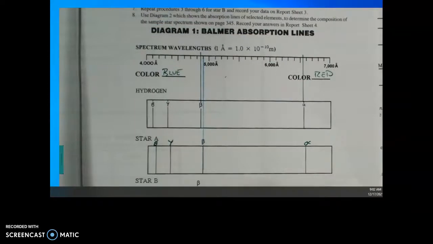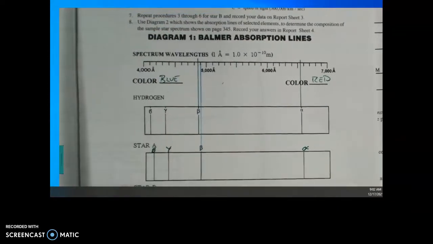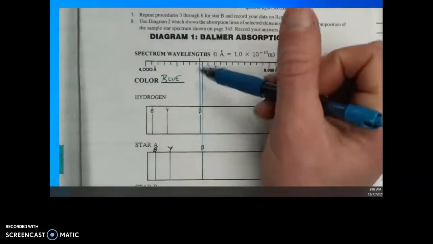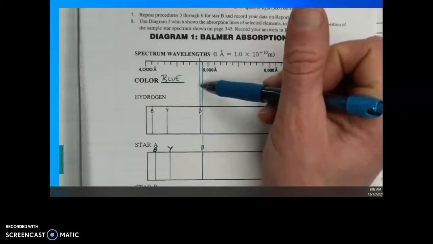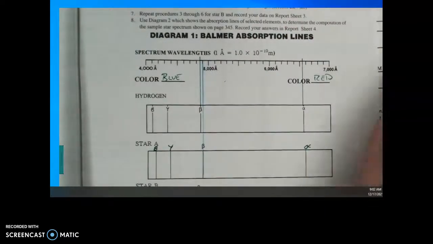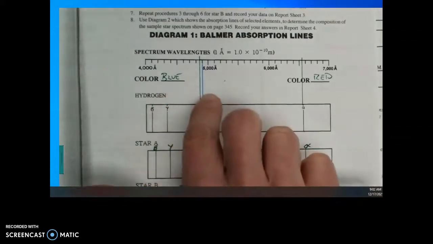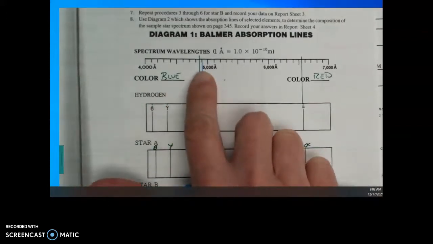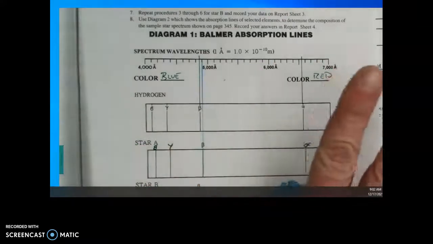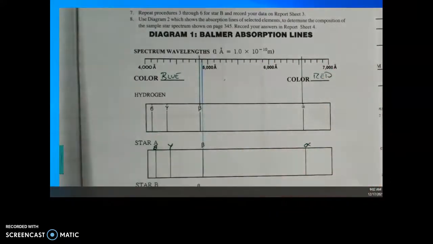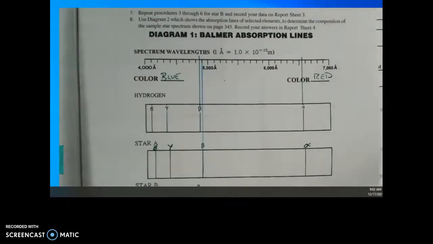And there is a small difference between what we saw in the laboratory line and what we saw in the star. Now, mine's not perfect, but based on what I drew here, and yours might be a little bit different, we're looking at a difference of about 30 angstroms, somewhere around there. You might have 50, you might have 25, you might have 20, but again, if you're close, we're good.